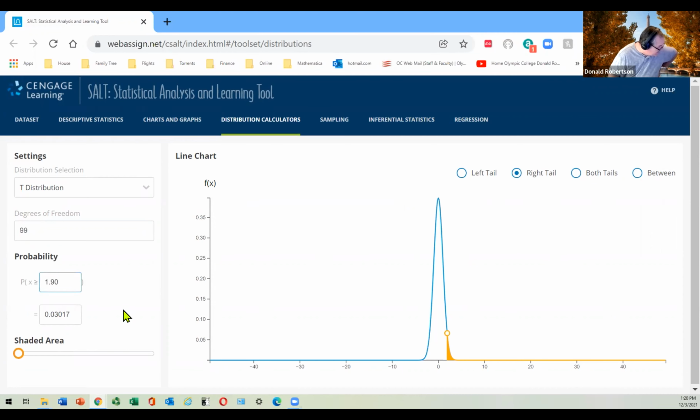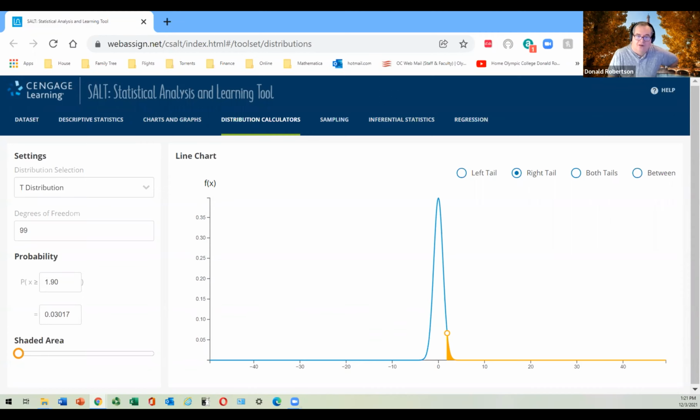There we go. Do you see it's still 0.03? So in a test situation, it's not going to be that bad if you say, oh God, how do you get the degrees of freedom? Is that you take 1 away, or do you add them and take 2 away, or whatever. Can you see that it's probably not going to make any real difference? The numbers when you round them off are the same.